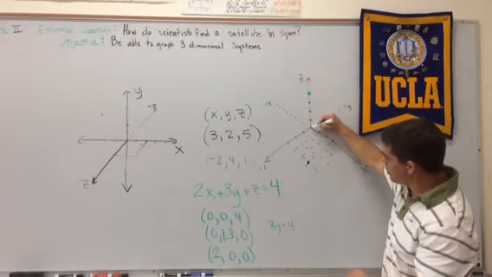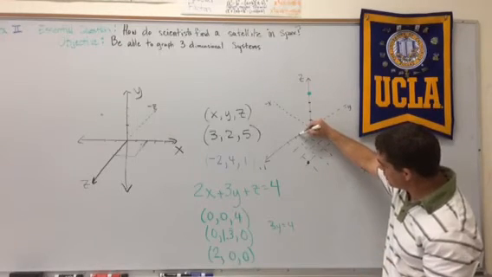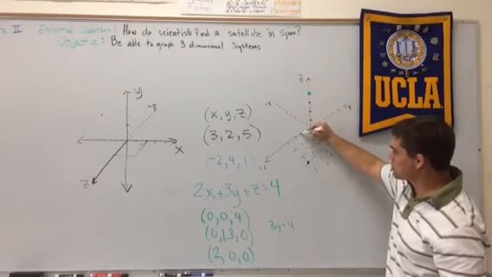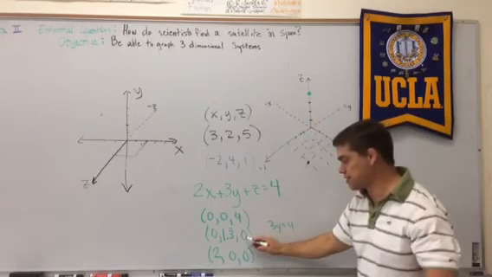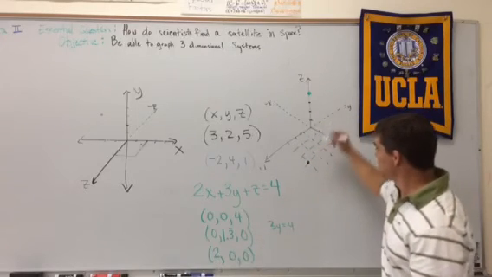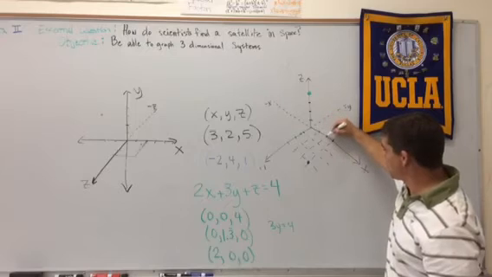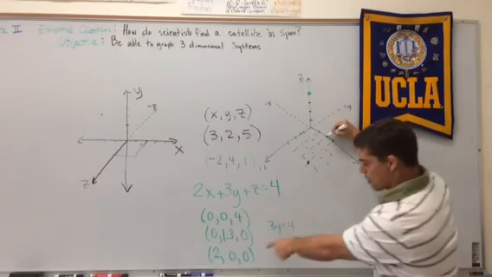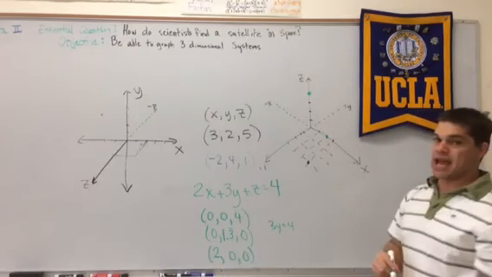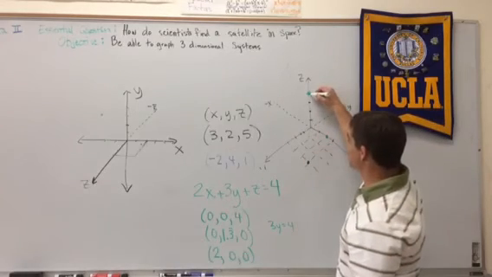Go 1 1/3 units in the y direction, and then 0 in the z direction. The last point, go 2 in the x direction. We're not going to go in the y direction, and not in the z direction. Plot a point there.